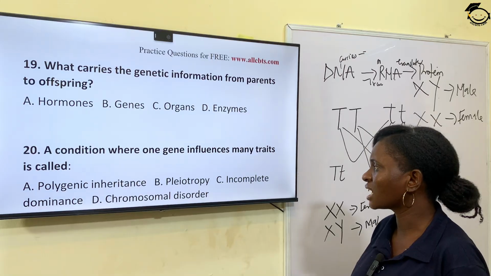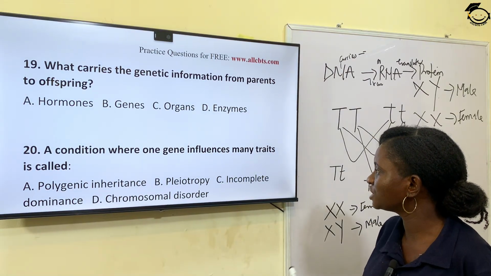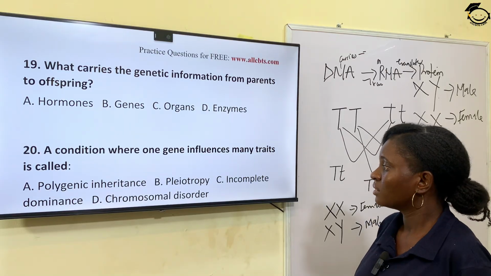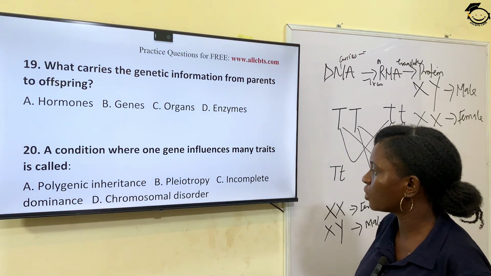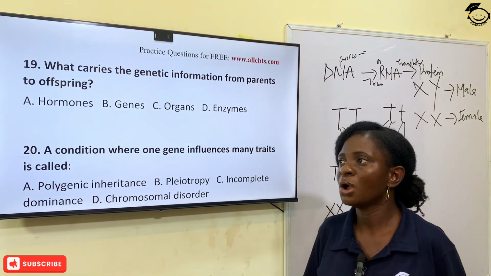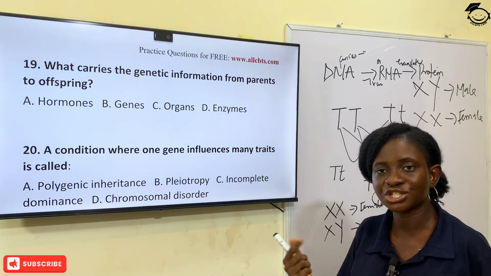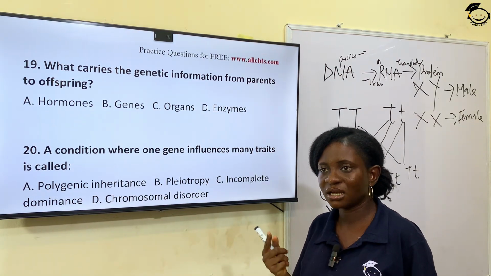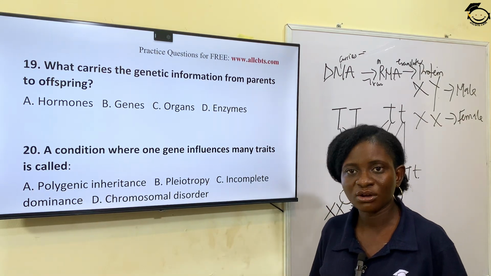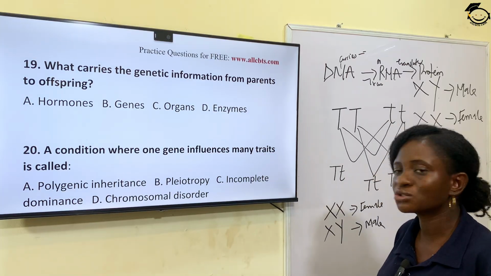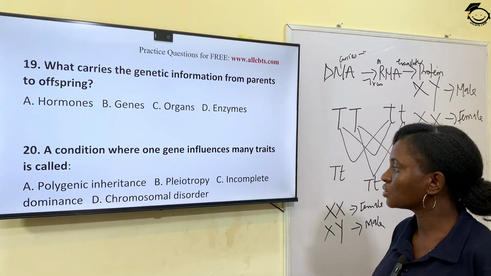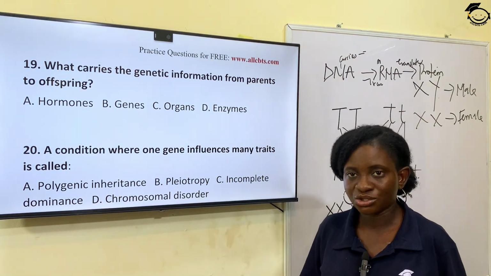So a condition where one gene influences many traits is known as pleiotropy. For example, in sickle cell anemia, we see that a change in one particular gene influences the traits in an offspring, which leads to sickle cell hemoglobin. So that's the illustration for that.